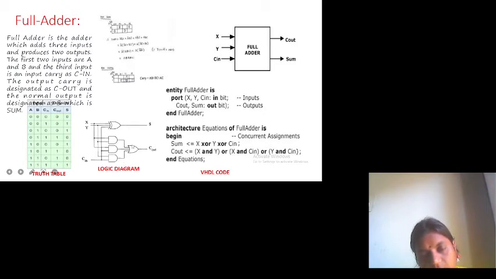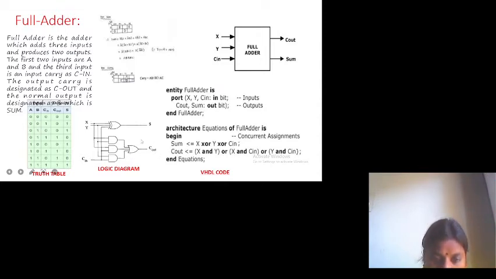Finally the outputs of all these AND gates are given to a 3 input OR gate, summing AB, BC and AC. The output of this OR gate is collected as carry out. This is the logic diagram of the full adder with the 3 inputs X, Y, C-in as input ports, and S and C-out as output ports.